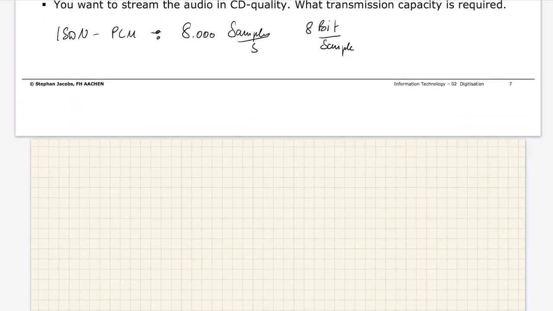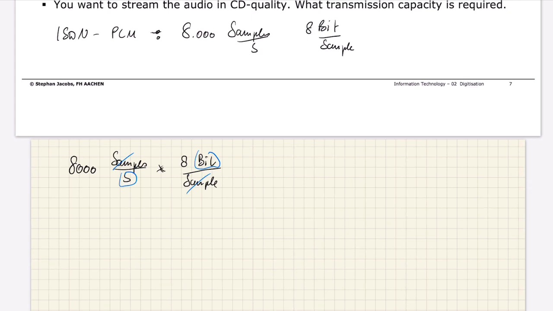So if we have 8,000 samples per second times 8-bit per sample, then again first we can simplify, get the samples away, and where we end up with is bits per second, and that's exactly what bandwidth is all about.